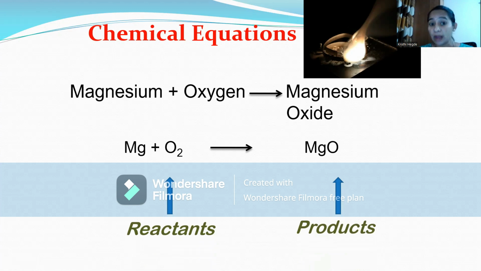And the arrow mark represents the direction of the reaction. When the reactants are more in number, or when the products are more in number, more than one, then we represent the multiple reactants with the help of a plus symbol, the addition symbol.